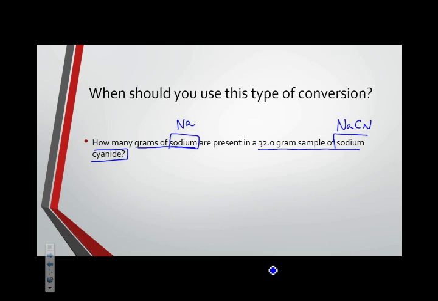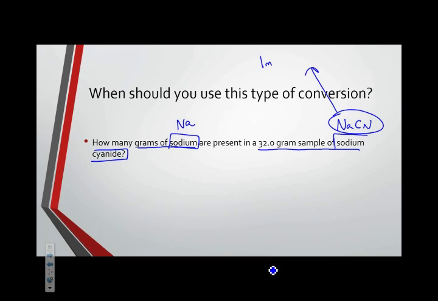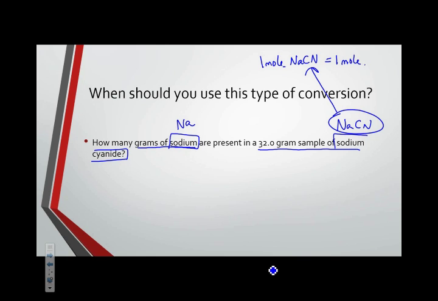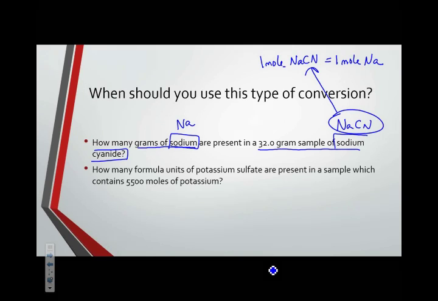So the problem's letting me know, hey, at some point I'm going to need the relationship between sodium and sodium cyanide. And that comes from my formula right over here. We can see that in 1 mole of NaCN, I just look at the formula and see I only have 1 mole of sodium. So at some point in solving this problem, I'll need to use that relationship. Let's check out another one.